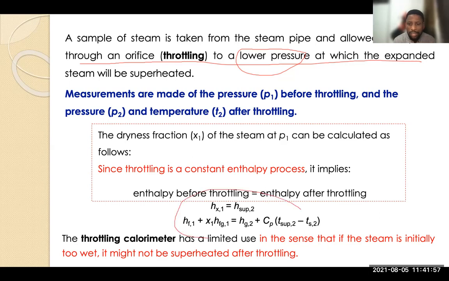So take note of this equation. We've looked at this equation from chapter 10, and to be clearer, I will work out the calculations as well. But take note of that. Measurements are made of the pressure. We've said P1 will be higher than P2.